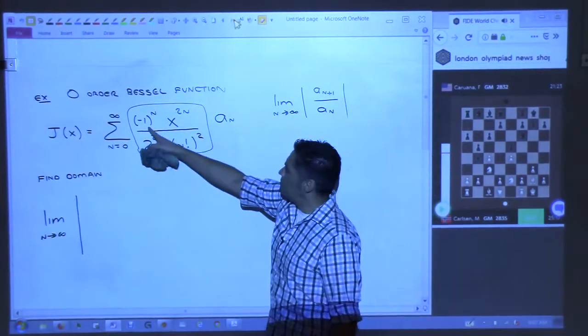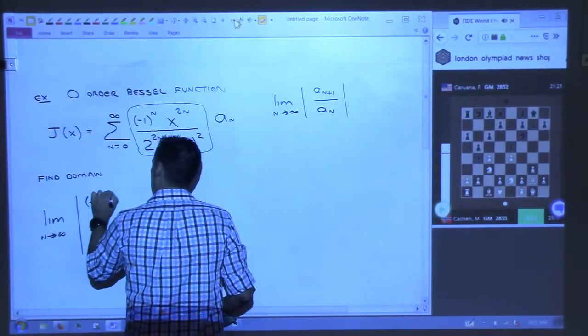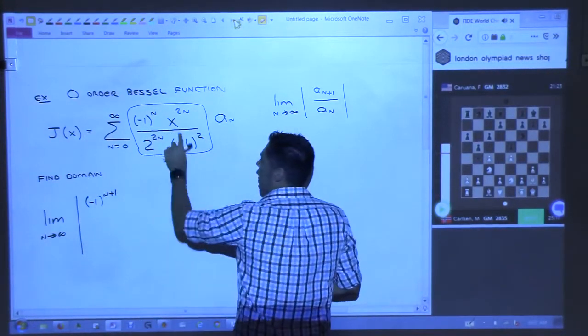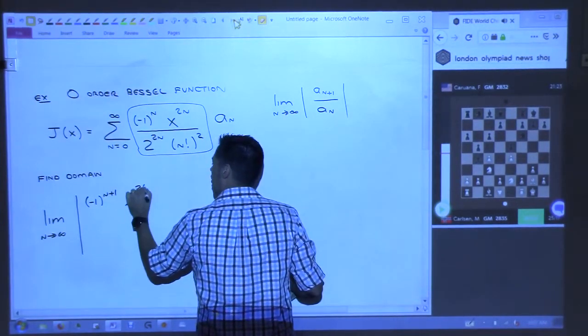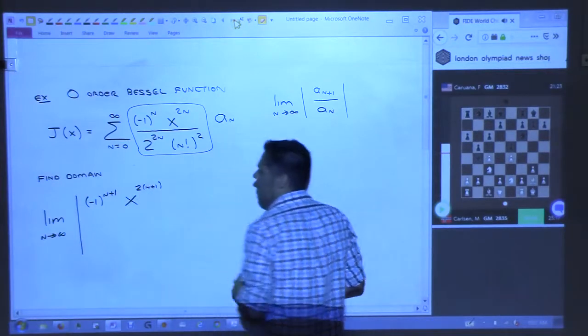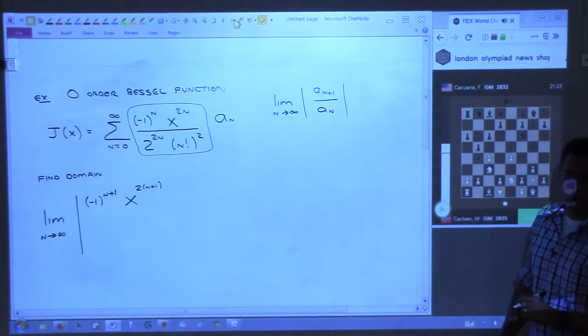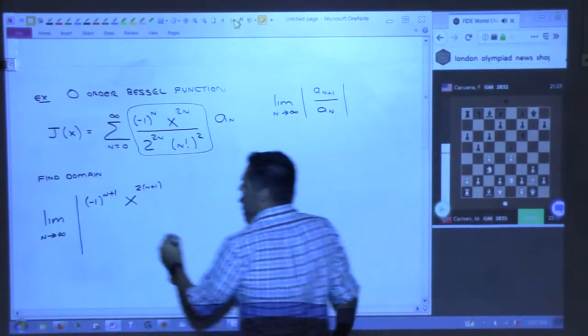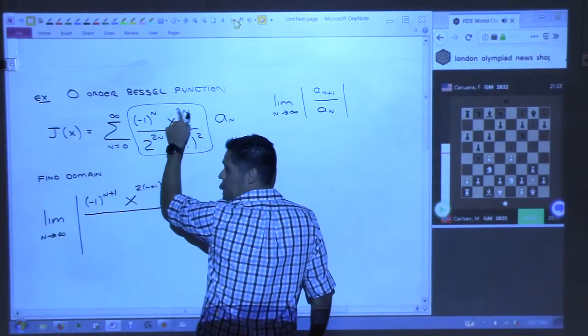All right, this part, negative 1 to the n plus 1, it's going to turn into a 1. Who cares, right? Now here, be careful. This is x raised to the 2 times n plus 1, right? I'm replacing all my n's with n plus 1s. So just recognize that the plus 1 only applies to n, only the n, but the 2 would have to distribute.